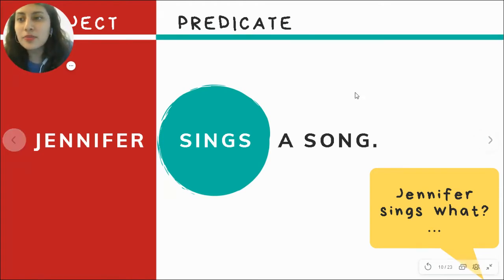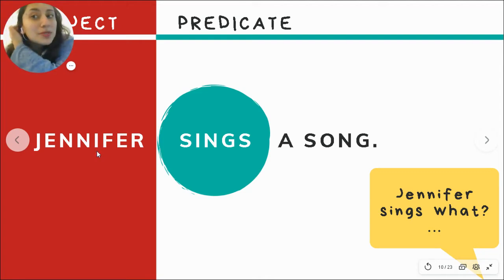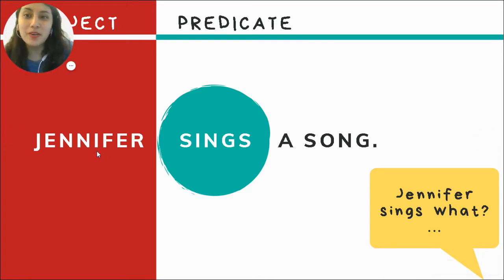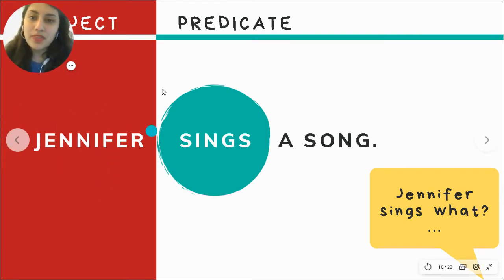Here in the red part, we have the subject of the sentence, the doer of the action, the person that is performing something or the thing that is being described. In this case, the subject is Jennifer. And in this white part, we have the predicate that always has the verb, right? The verb, the action or state in this case is sings.